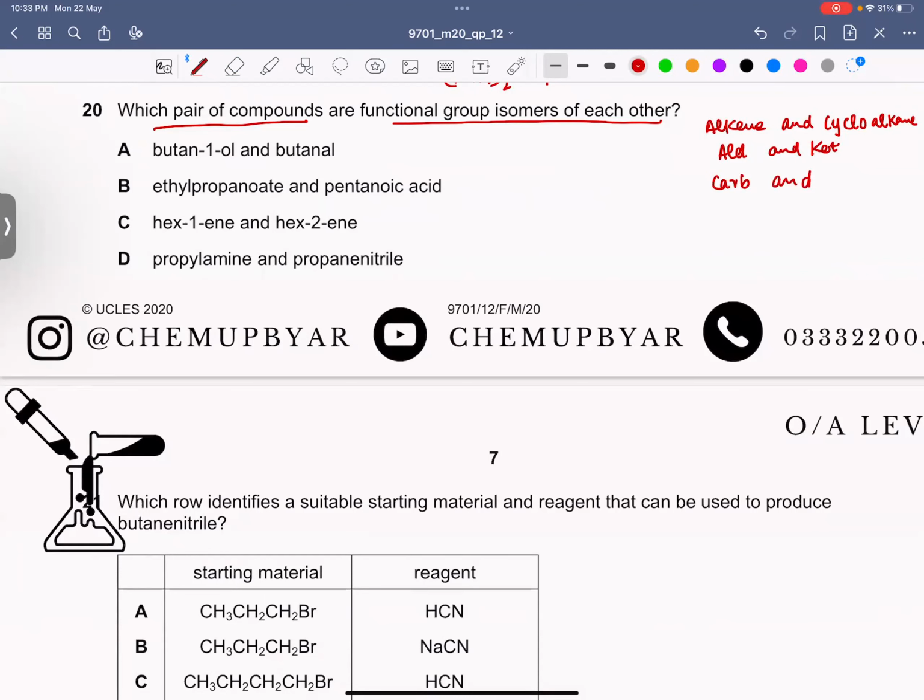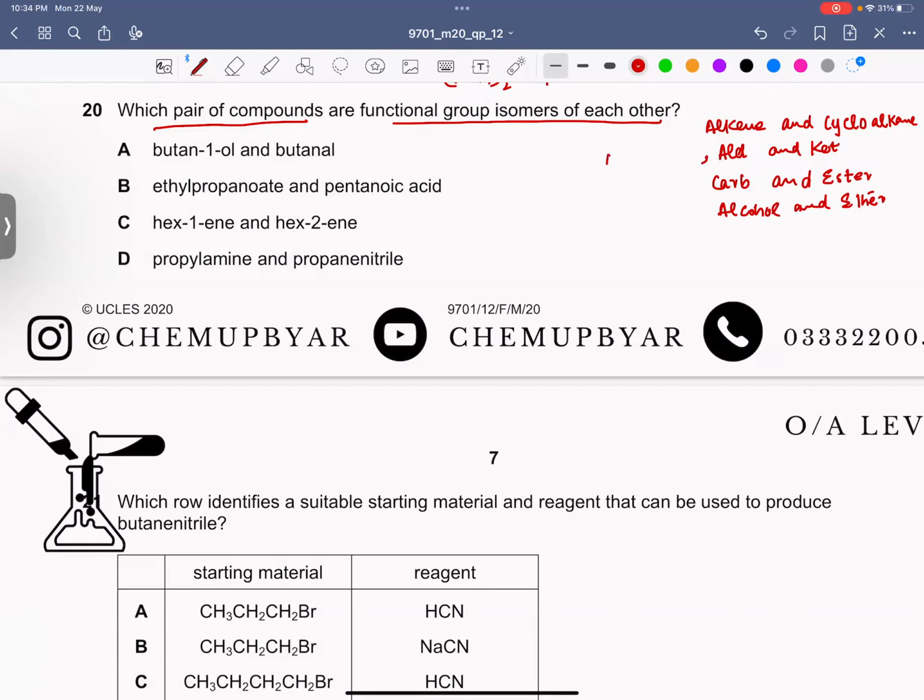Carboxylic acid and esters are functional group isomers of each other in the same way. Alcohol and ether are functional group isomers of each other.